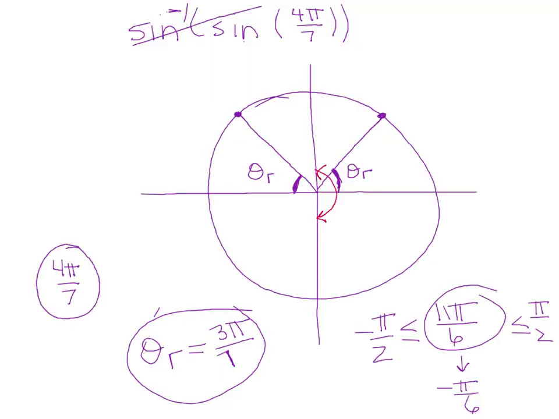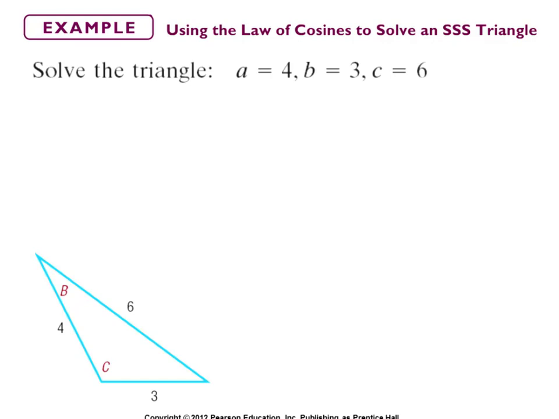Okay, so let's do one more law of cosines, and then we'll be done because this is really very straightforward. Remember I said always solve for the largest angle first. So I need c squared equals a squared plus b squared minus 2ab cosine of c. I just plug it in.